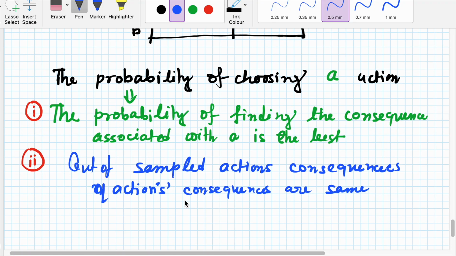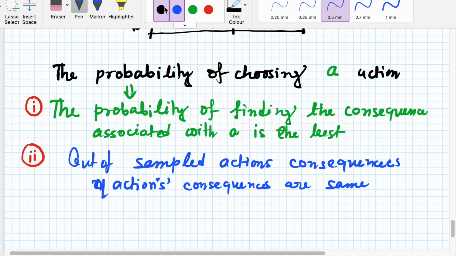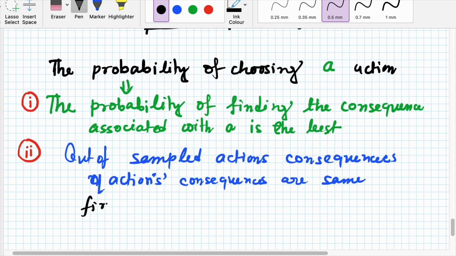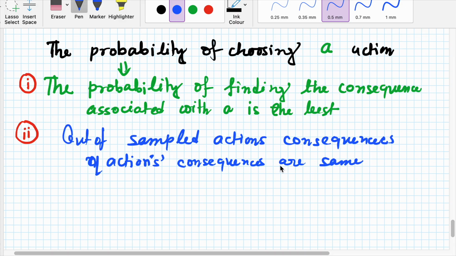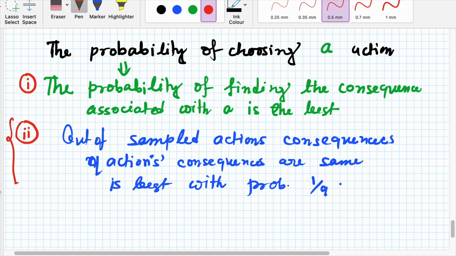It will be decided by realizing that each of these actions whose consequences are the same is best with probability 1 over q. We will find this tie breaking rule in the next example, or I will make up an example to show it.